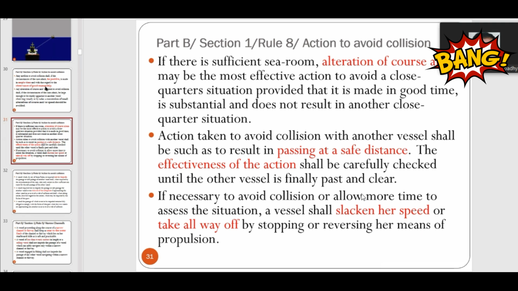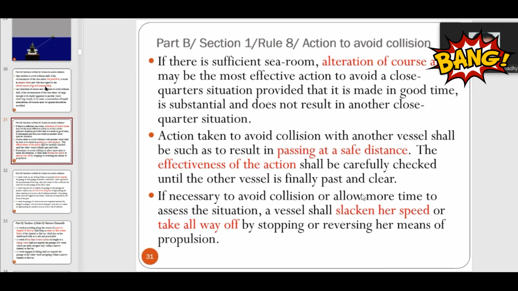Next paragraph: if necessary to avoid collision or allow more time to assess the situation, a vessel shall slacken her speed or take all way off by stopping or reversing her means of propulsion. Now, basically, the action that we said consists of alteration of course and or speed.